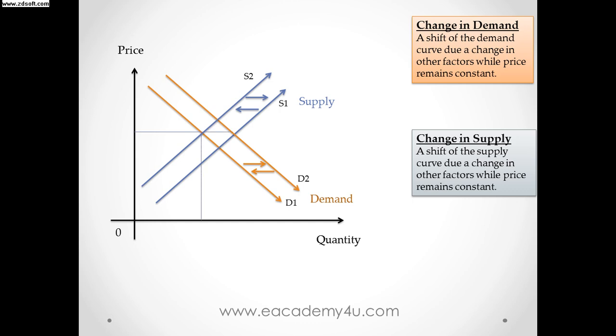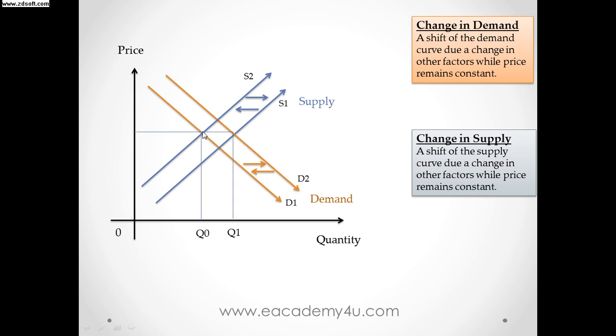Okay, this is what we can understand from this. Let's say the price remains the same when the demand shifts to the right. It will increase the quantity. So a shift in demand increases the quantity, but the price remains the same.